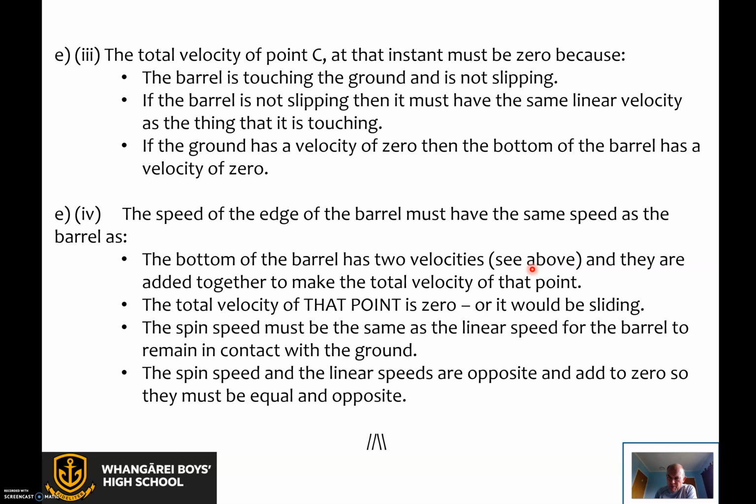So we've got the bottom of the wheel spinning backwards, then we added onto the whole car moving forwards, and we finish up with the bottom of the wheel having two velocities, a tangential spin velocity back, and a carried or translational motion forwards.